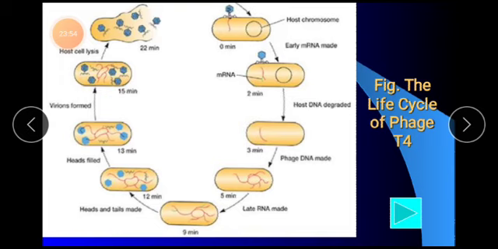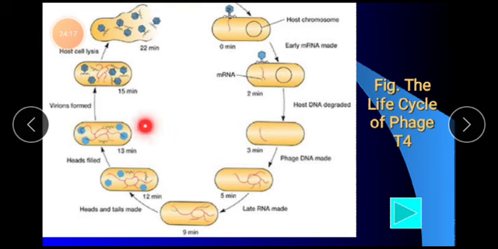In 2 minutes, the host DNA is degraded, and in 3 minutes the phage DNA is made. After 5 minutes the later RNA is made. Then in 9 minutes they begin to mature, and in 12 minutes the head and tail are made for this phage, and after 13 minutes the head is filled.